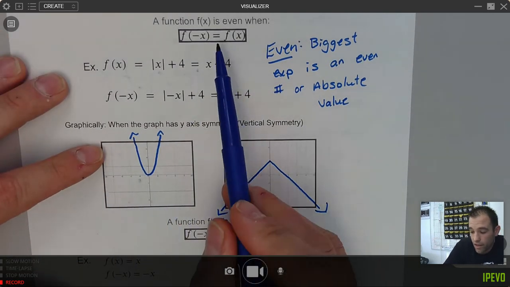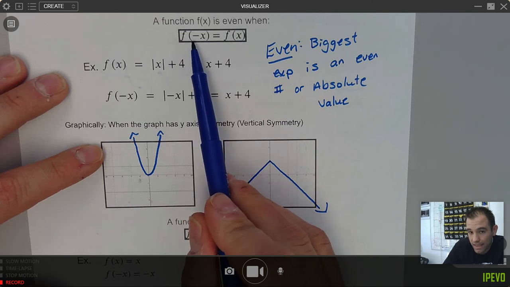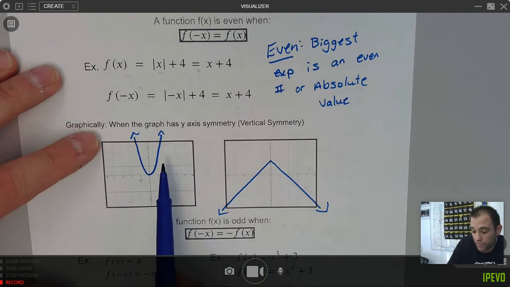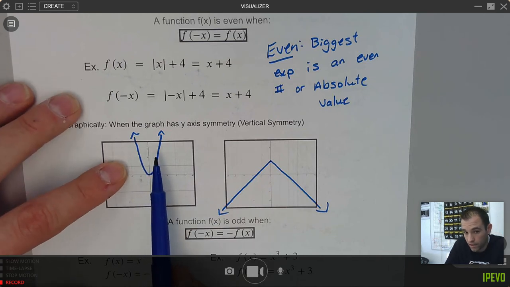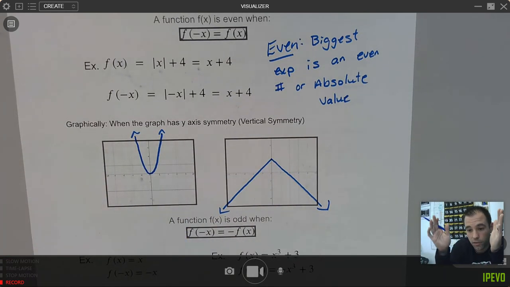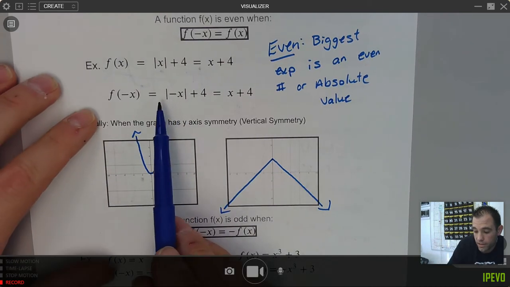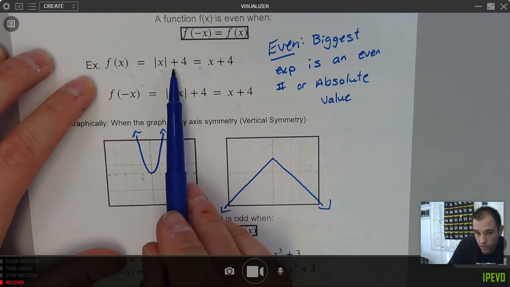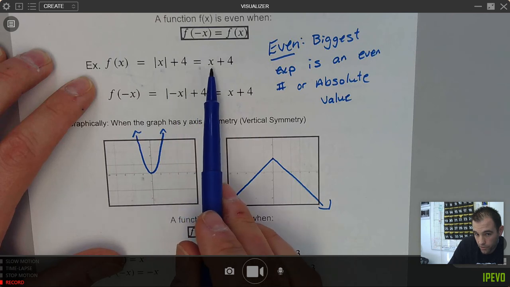Okay, so if f of -x equals f of x, then they have to be the same. So basically, if the left side equals the right side, if it's the same on both sides, then it has to be even. So for example, if f of x was absolute value of x plus 4, if you simplified that, you would get x plus 4.